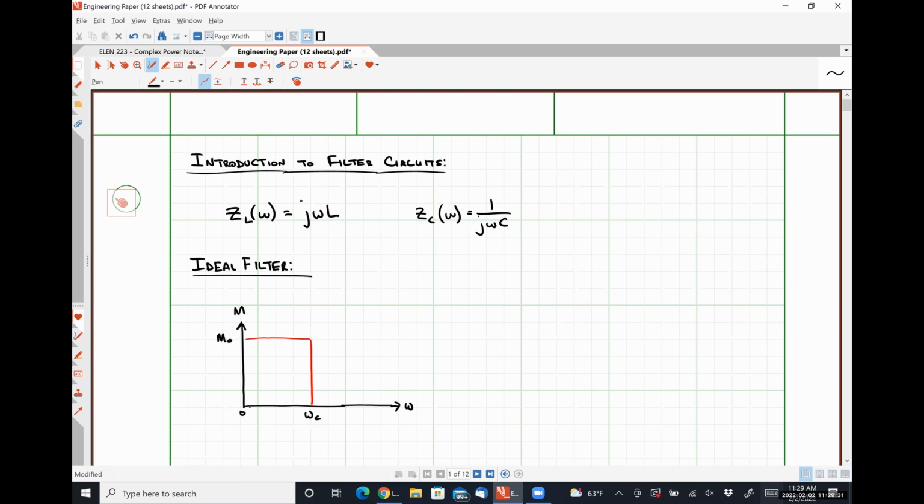So everything between 0 and omega c is known as our pass band. And everything between omega c and infinity is what's known as our stop band, right? So since we are passing frequencies lower than omega c, this is a low pass filter.